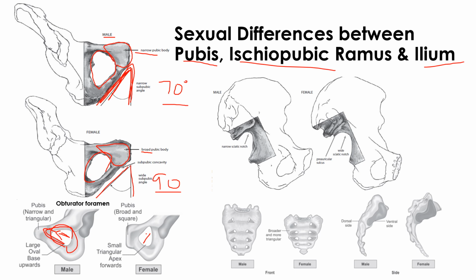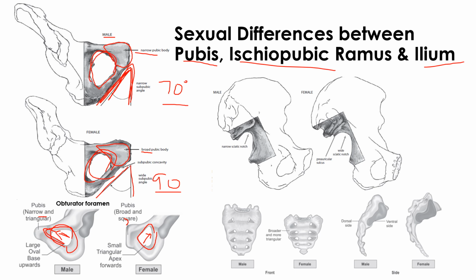In the male it is small and triangular in shape. We have already seen the pubic region is narrow and triangular in males and broader and square in shape in females. Here we can see the female obturator, and here the male obturator.